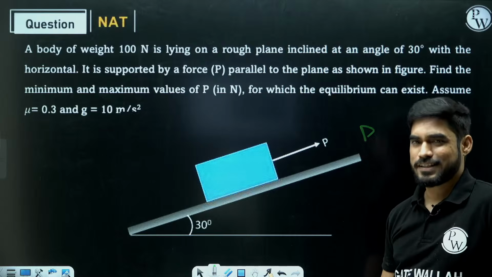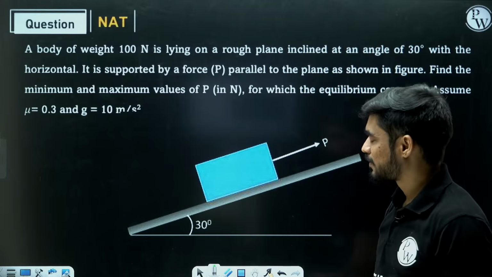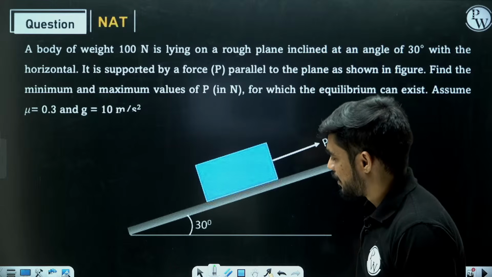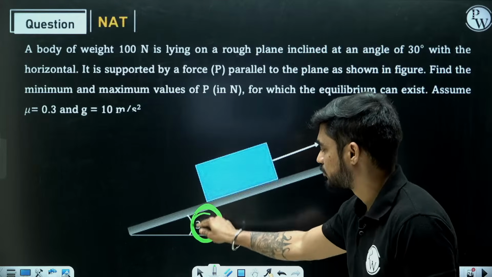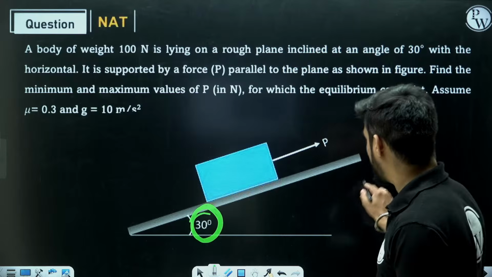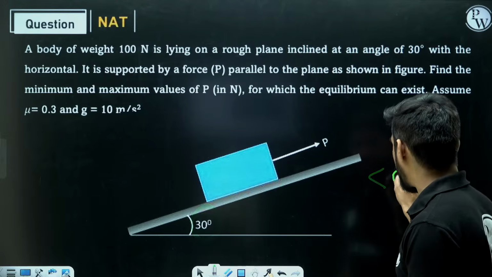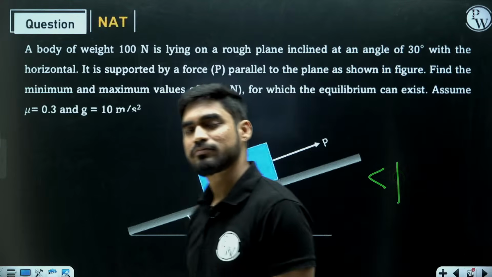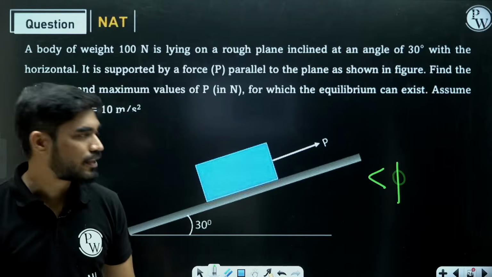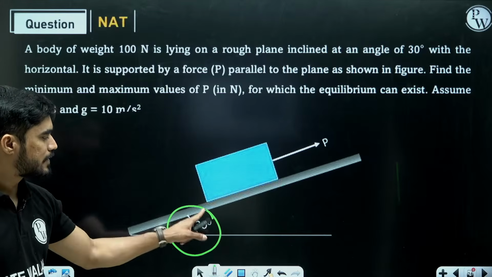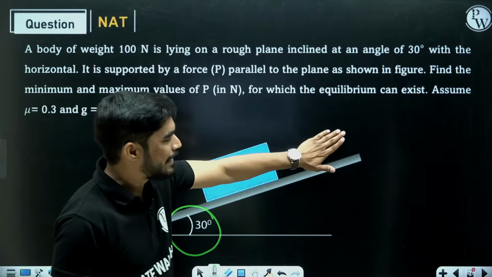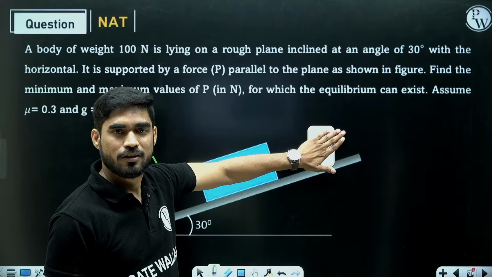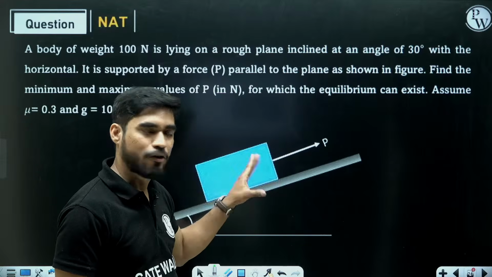Now understand this. If this angle of inclination is less than angle of friction, then you don't need any force to hold it from falling down.